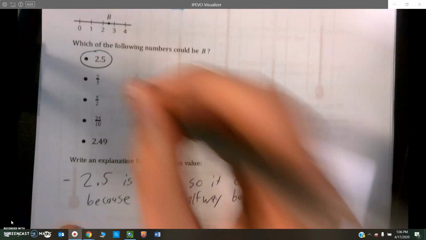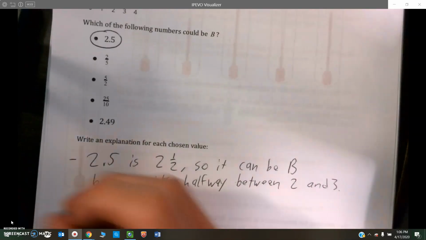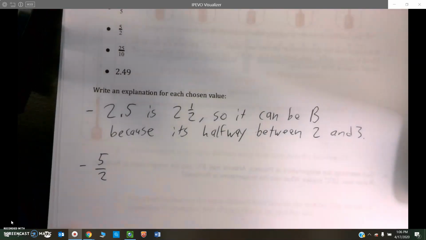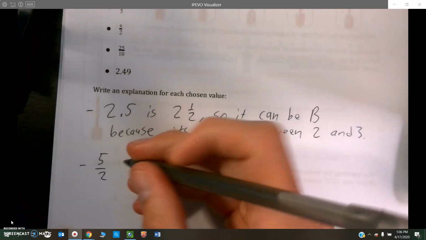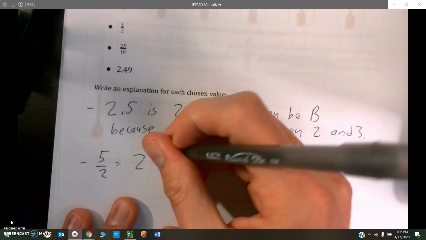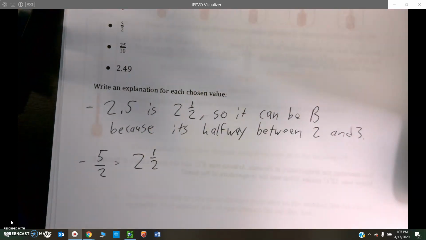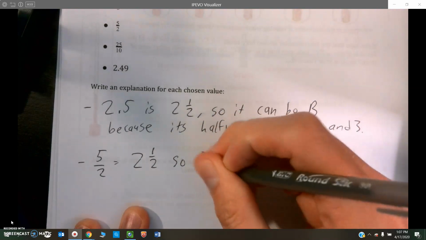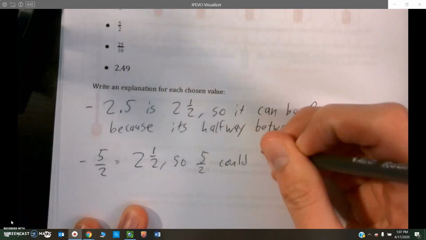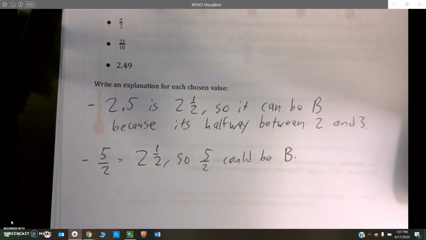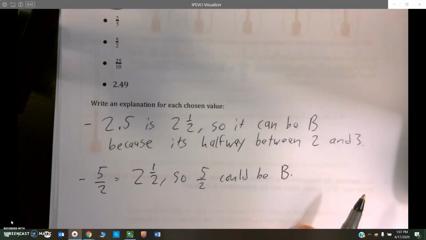If I wanted to turn that into a mixed number, 2 fits into 5 2 times, and I would have 1/2 left over. So 5/2 could be B, because once again, 5/2 is the same thing as 2 1/2 if we converted that improper fraction to a mixed number.